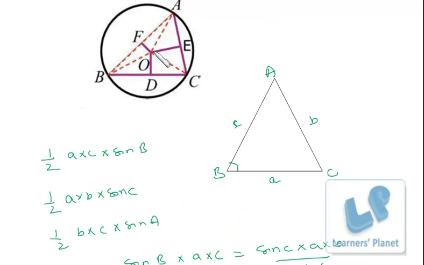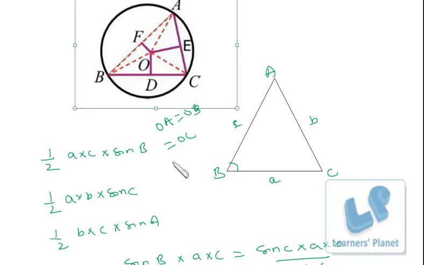I have shown the diagram over here. The radius of the circumscribing circle, that means OA, OB, OC, are all equal, and I'm just treating it as capital R. That is the circumradius precisely.